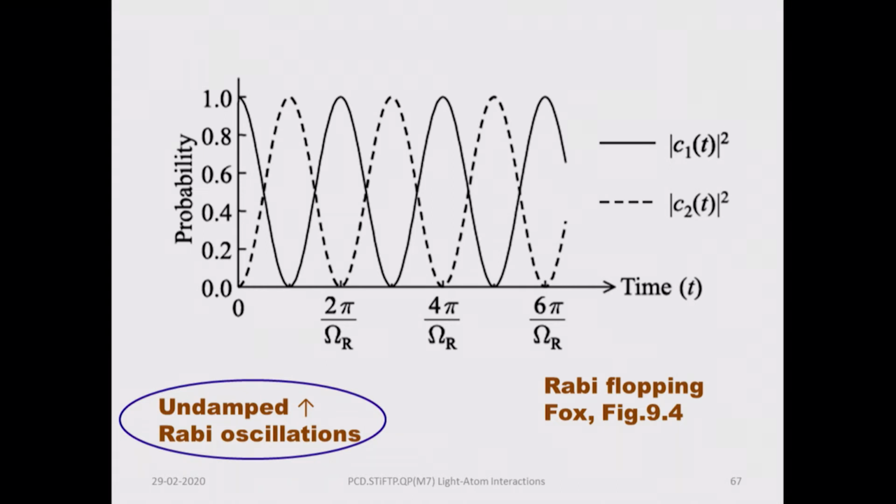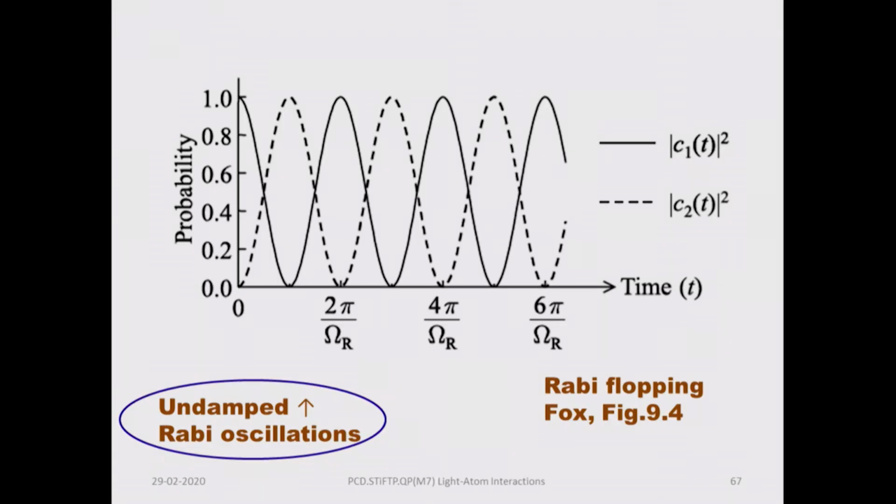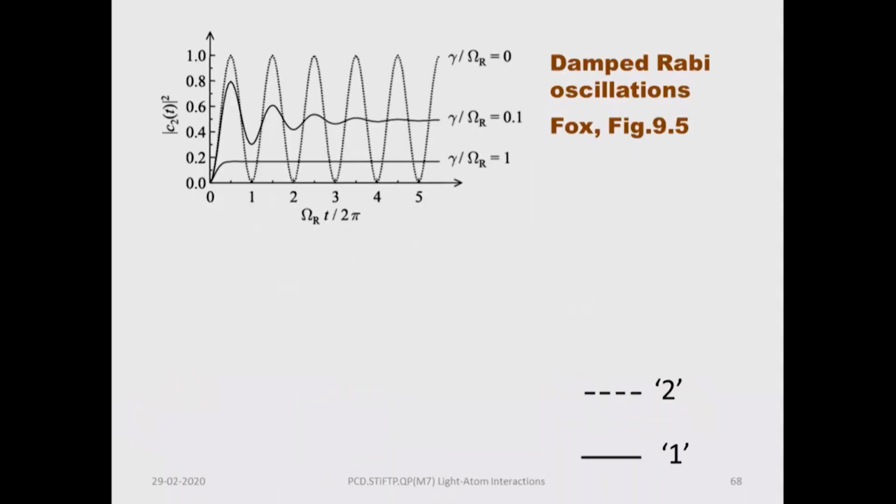But then there is damping. And what is damping? Damping is basically losing energy to some unspecified degrees of freedom. So, we have considered this two-level system and the interaction with the laser light. But then in a real system, there may be additional surroundings with which the system interacts, and as a result of that, some energy will be leaked into these additional degrees of freedom, and that will result in damping.